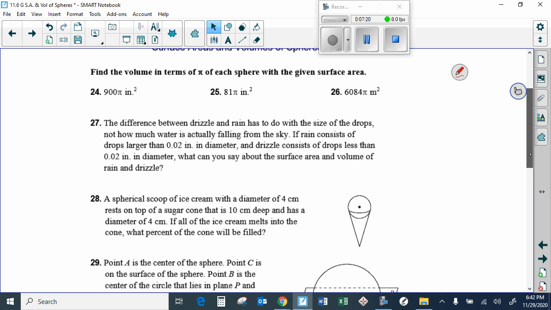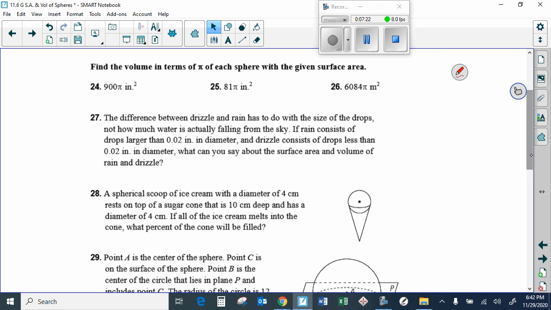Okay. Surface area. Find the volume of each sphere with the given surface area, in terms of pi, so leave pi in the answer every time you see that. Remember, set that equal to 4 pi r squared. Solve for r. Obviously the pi's cancel out. Divide by 4, you get 225. The square root of 225 is 15.